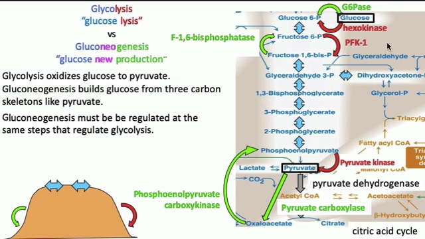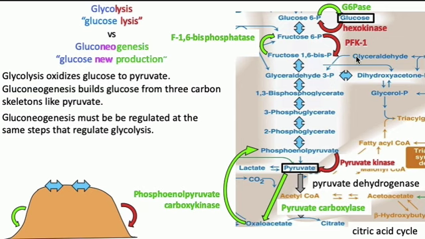And of course, now we're at that critical next regulated step. At this regulated step, if the green gluconeogenic enzymes are inhibited, and if the red glycolytic enzymes are activated, phosphofructokinase 1 will add a phosphate to fructose 6-phosphate to make fructose 1,6-bisphosphate.